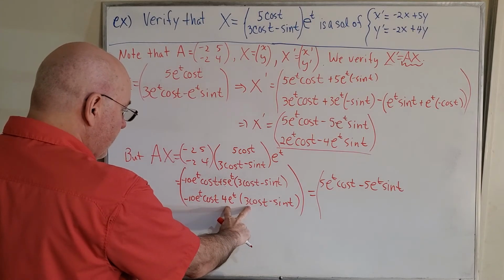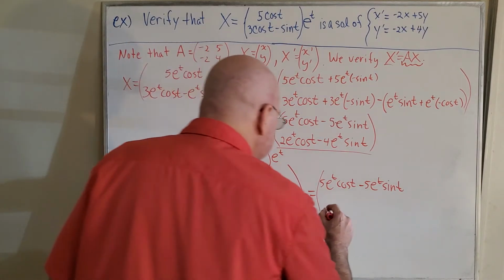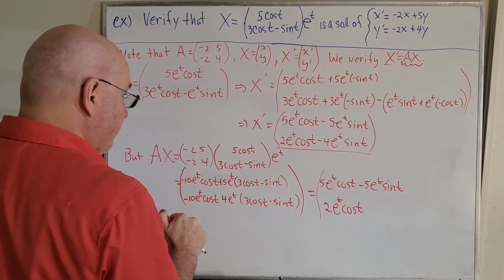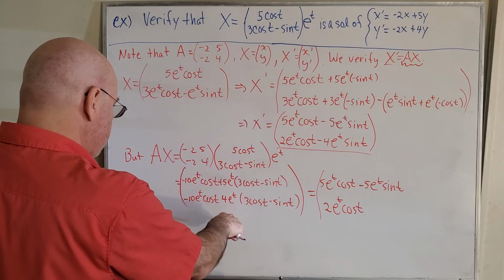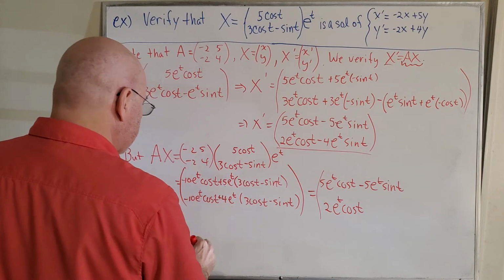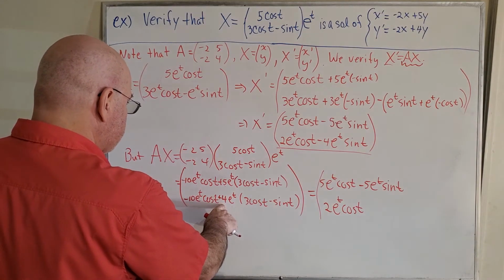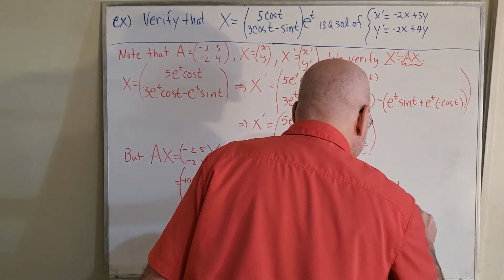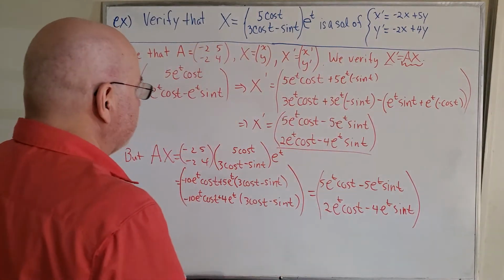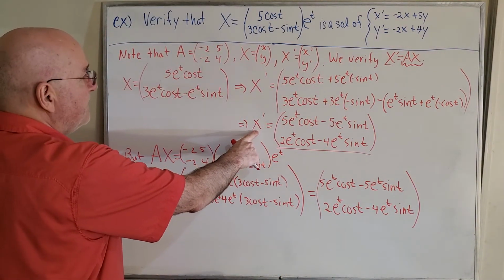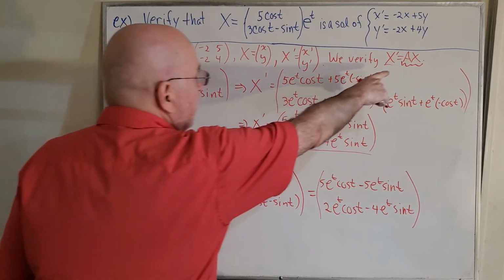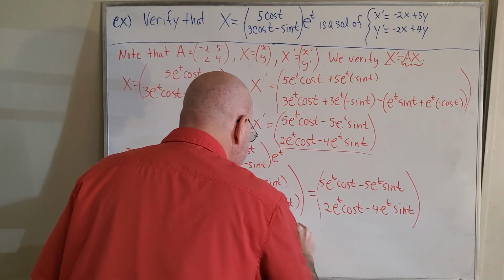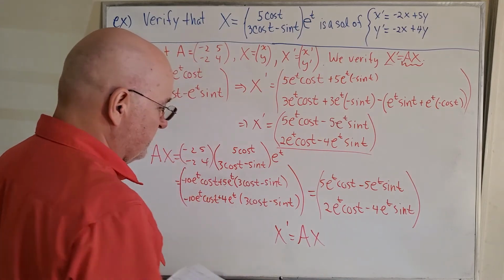I have a +12e to the t cos t, so that gives me 2e to the t cos t. And then the sine would be, let's see, plus sign there. So this would be 4e to the t times negative sin t, and we get -4e to the t sin t. And that is exactly what we wanted. x prime is equal to this, and A x is equal to the same thing. So we showed that x prime equals A x, as requested.